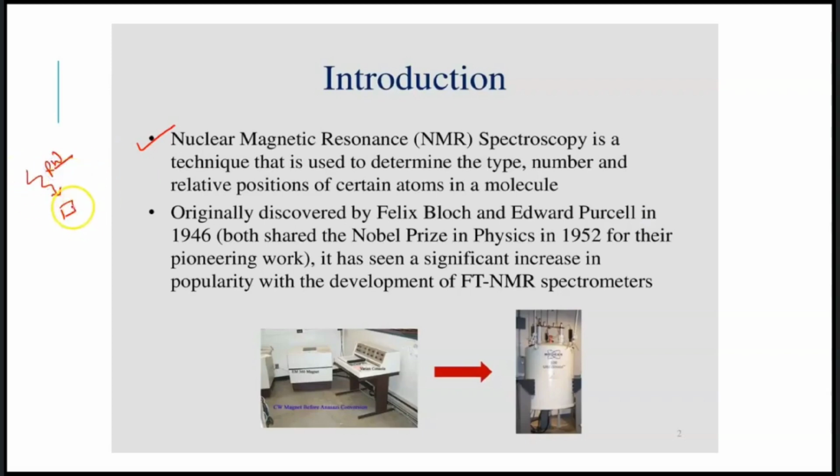Once the frequency matches, absorption occurs, that means resonance occurs, and the nuclei which have absorbed the radio wave frequency change their spin from this to this, going to the higher energy state. That is what happens in the complete NMR technique.